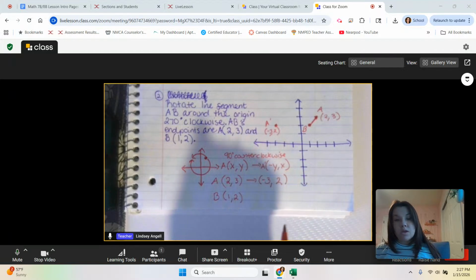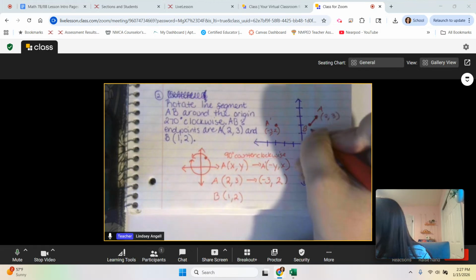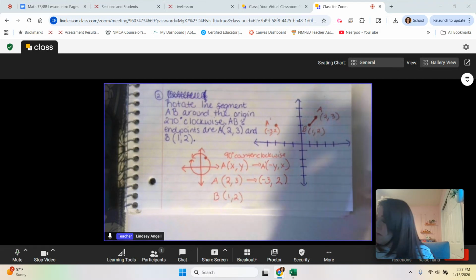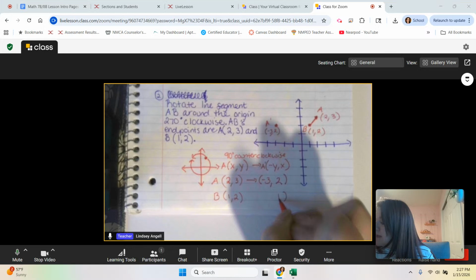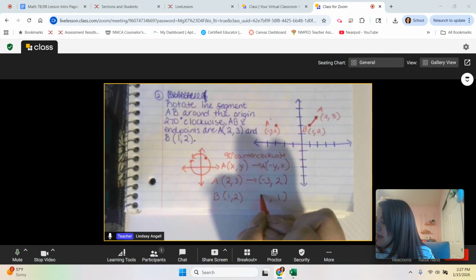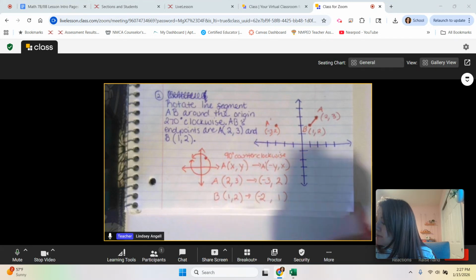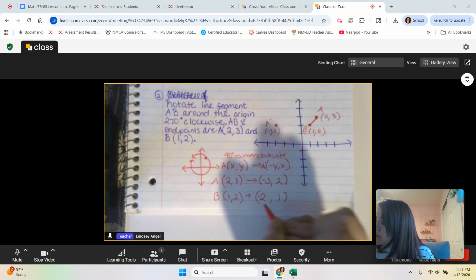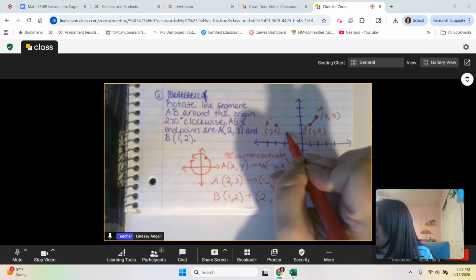Okay? With the next one, for 1, 2, point 1, 2, that's this one here. Well, my x value is going to become my y value, and my y value becomes my x value, but I take the opposite of it. Okay? So that puts me at -2, +1.